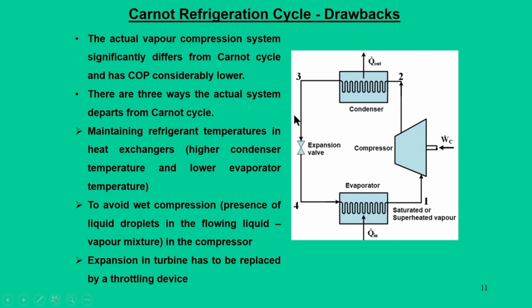So, finally, after putting in these limitations, the components are now called the evaporator, in which heat is extracted from the region to be cooled; the compressor, where only dry vapors get compressed to a high pressure; and the condenser, where heat is rejected at constant temperature.